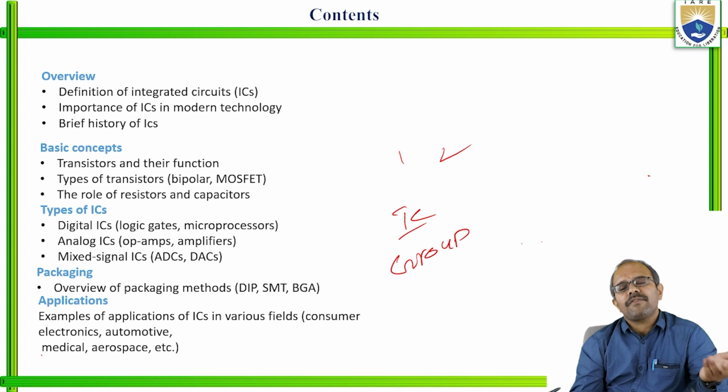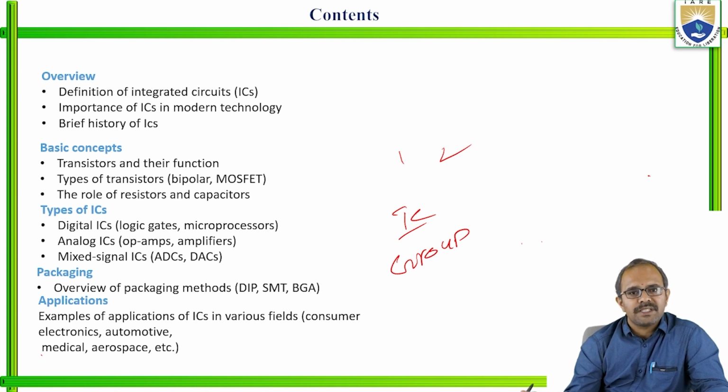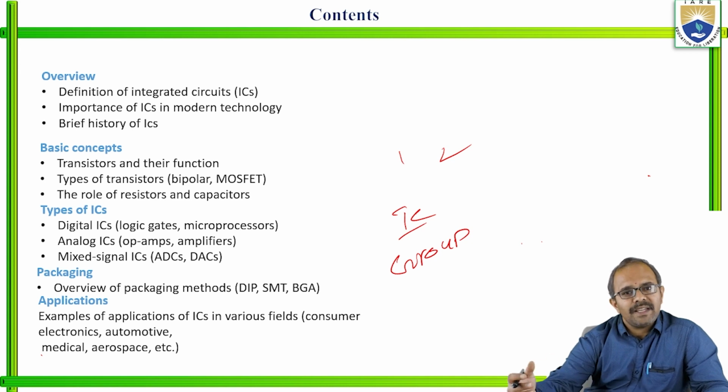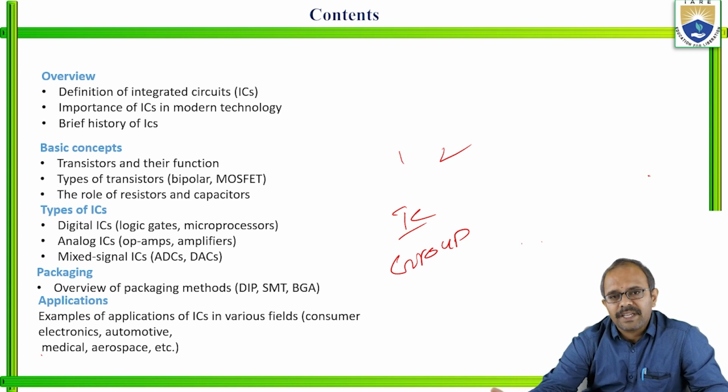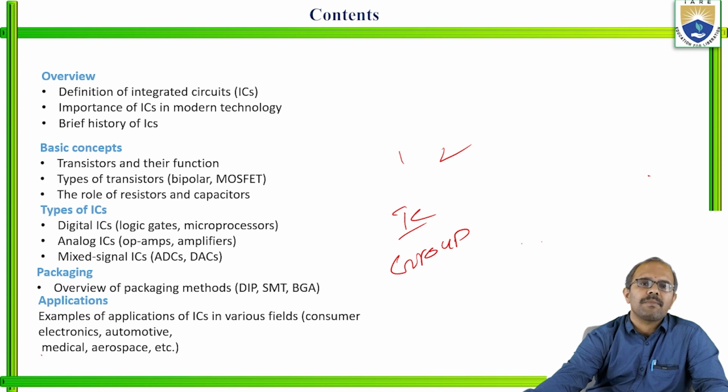Unless the designed or fabricated IC finds its applications, it is of no use. So that's what the recent technology talks actually. Whatever technology we come up with, whatever technology we design, finally it should meet some applications. We need to address some kind of applications. So that is utmost important in any technology.